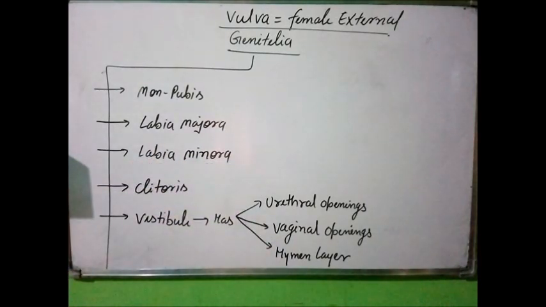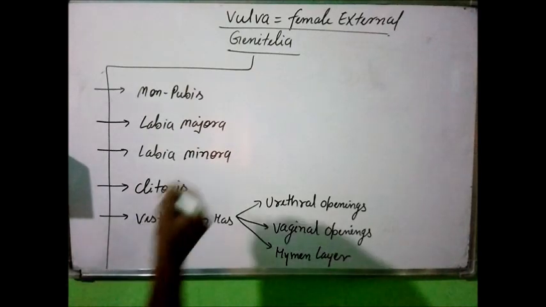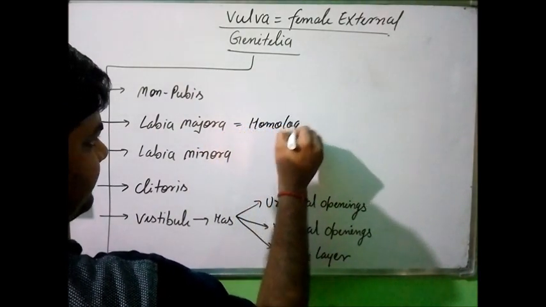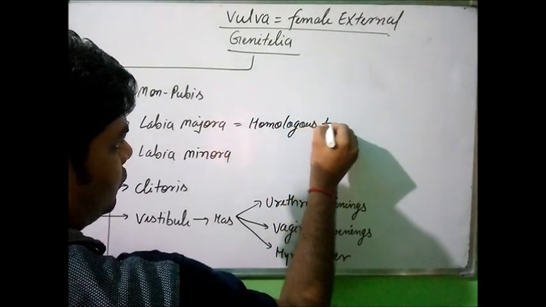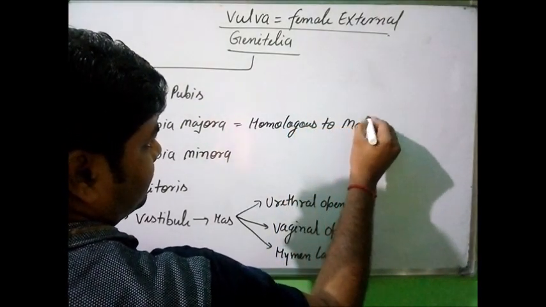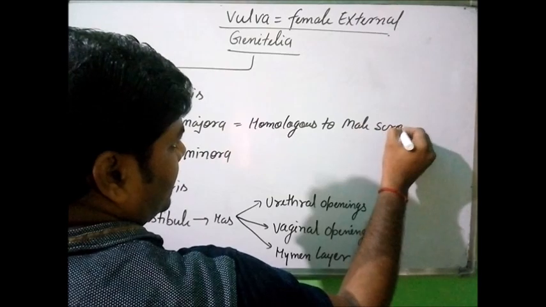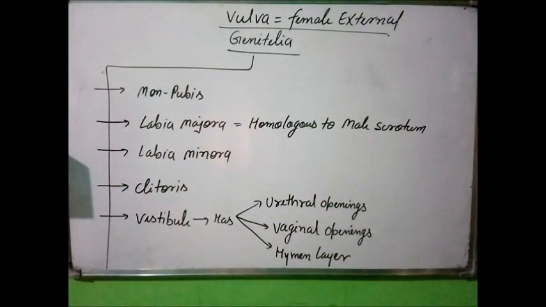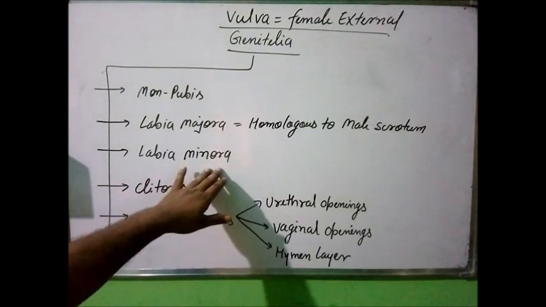So labia majora is homologous to male scrotum. Like the scrotal sac is present in male, which is holding the testis outside the abdominal cavity, that scrotum is similar to labia majora in terms of origin. Okay, and then labia minora is here.